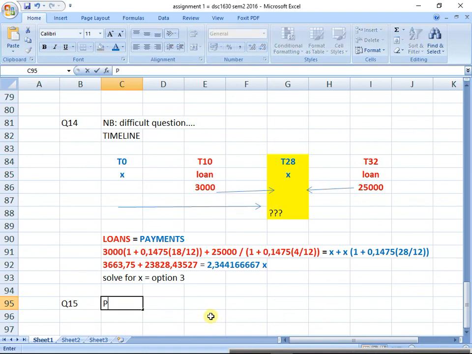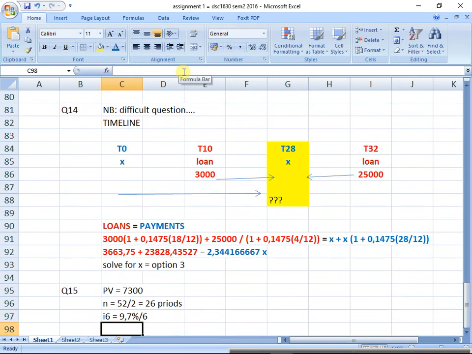I'll type the variables here and then you can check. 8388.